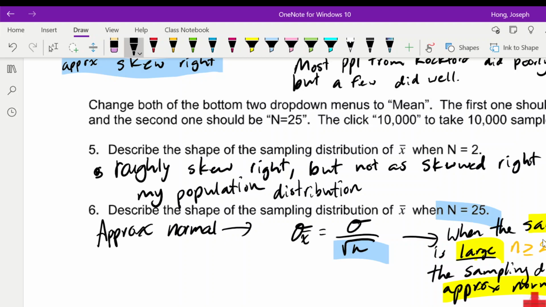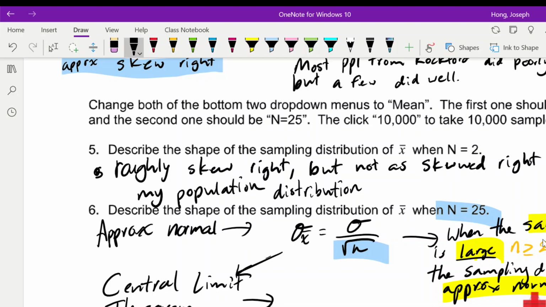So this is the main thing that we learned today, which is the central limit theorem. I misspelled that. We're going to be using this a lot.